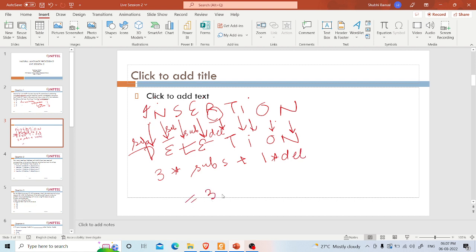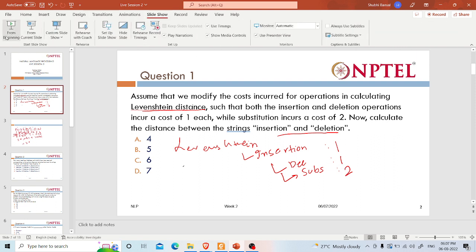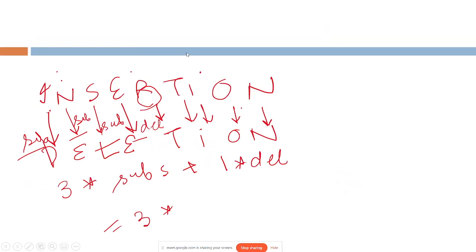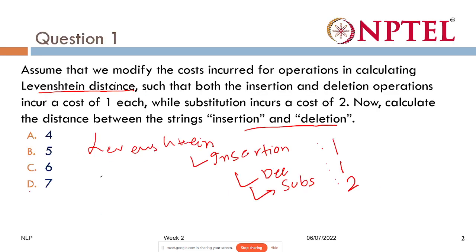As we saw in the previous slide, deletion is 1 and substitution is 2. So we can write 3 into 2 plus 1 into 1, that will be 7. So the answer is 7, that is given in option D. So this is the correct answer.